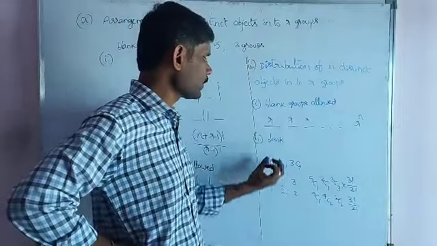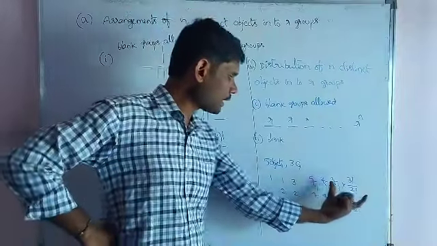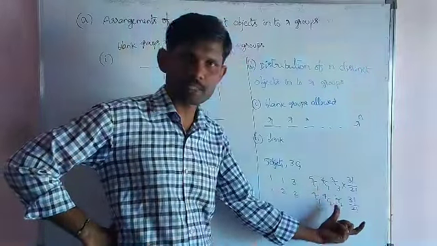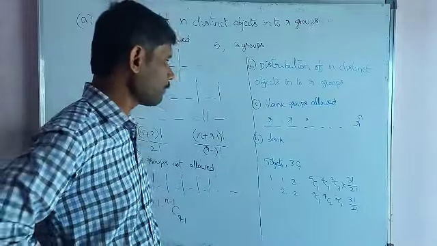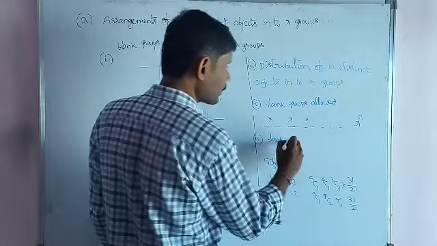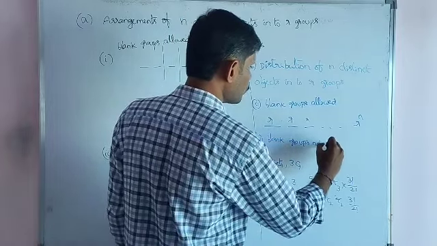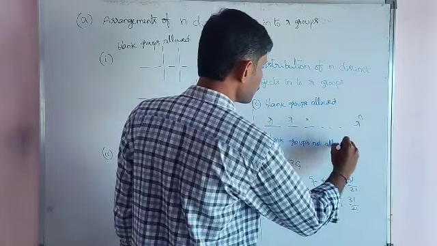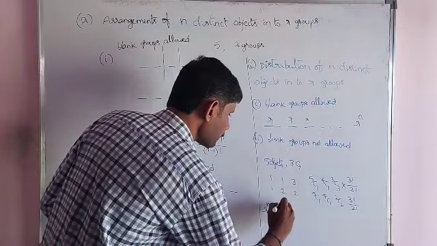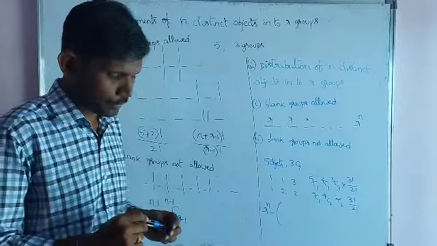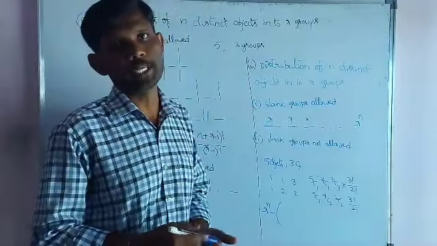But here, if the number of objects is more, dividing like this into cases, writing this selection and then arrangement will be a lengthy process. So the complementary way, where blank groups are not allowed: from the total number of ways, now subtract the distributions where one group is empty.